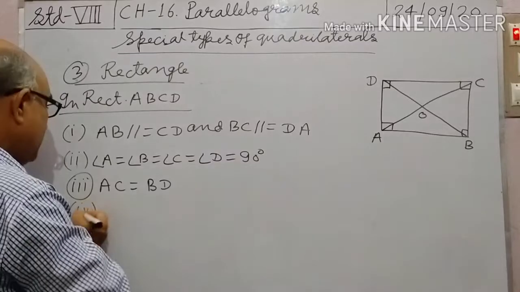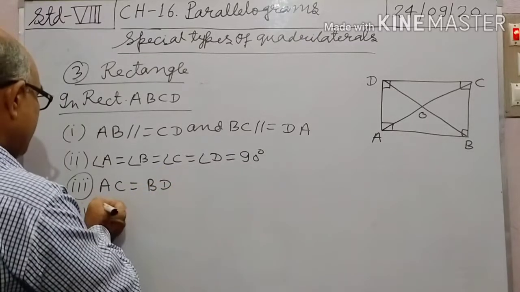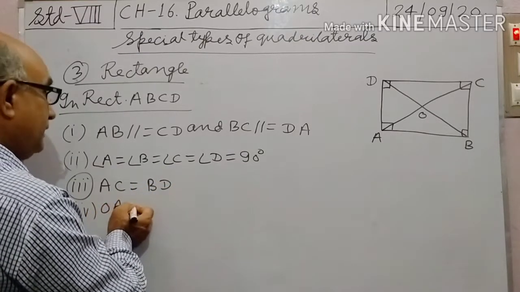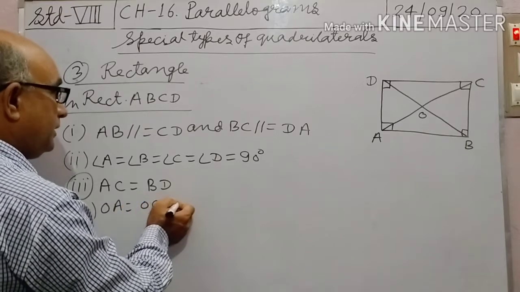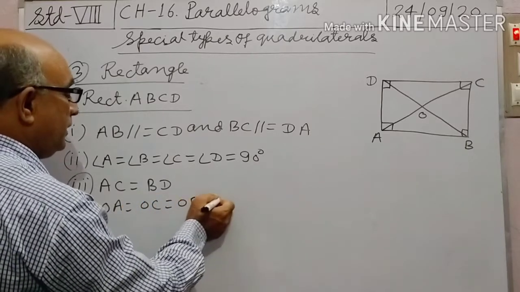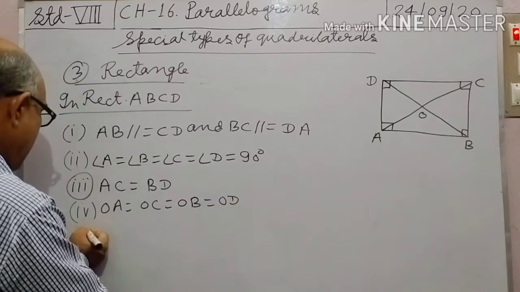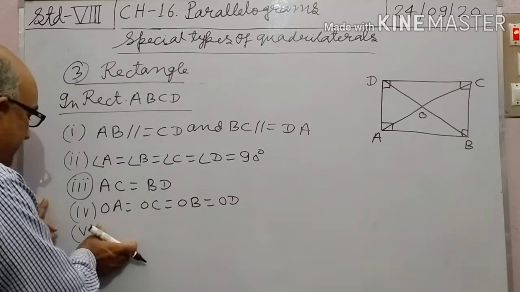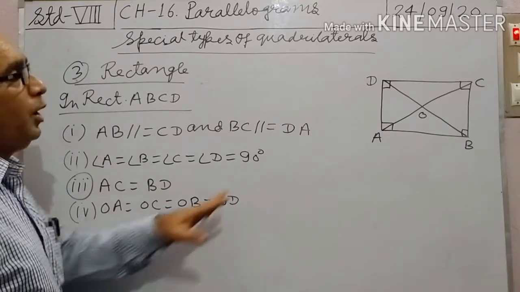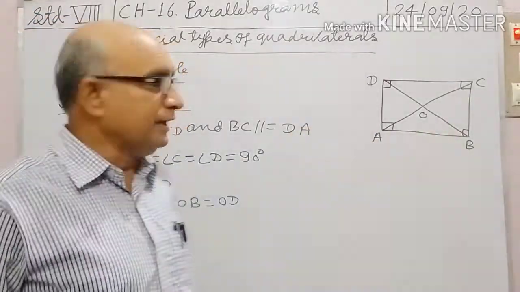Fourth, diagonals bisect each other, so OA equal to OC equal to OB equal to OD. And fifth, each angle is a right angle, so the sum of adjacent angles is 180 degrees.